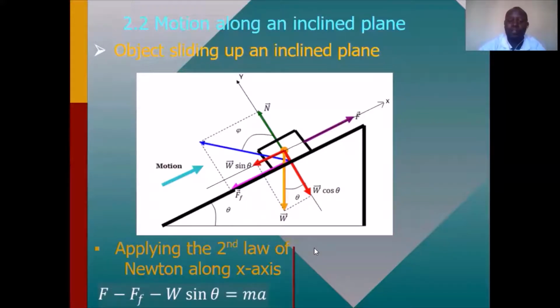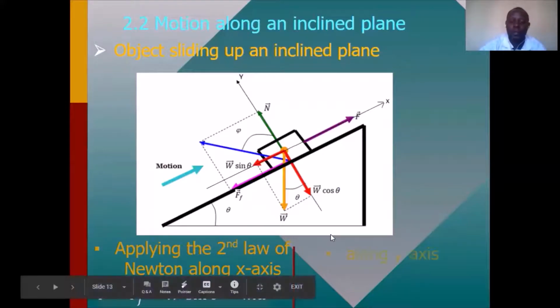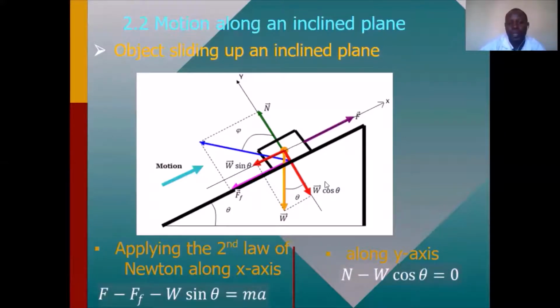Applying the second law of Newton along the y-axis, on the y-axis we have two forces, normal and the component of the weight cosine theta. So the normal force minus weight cosine theta is equal to 0 because there is no acceleration along the y-axis.